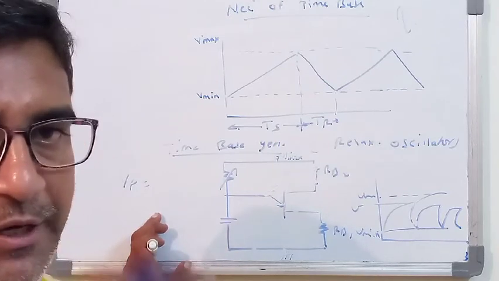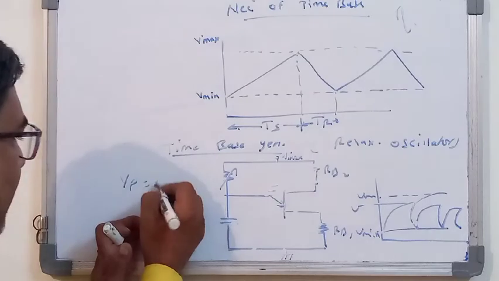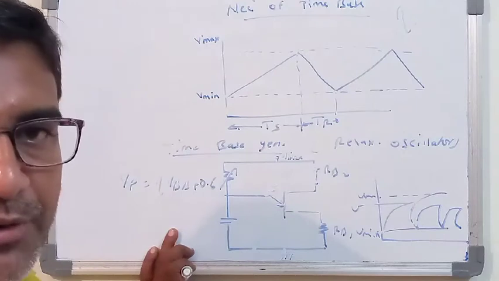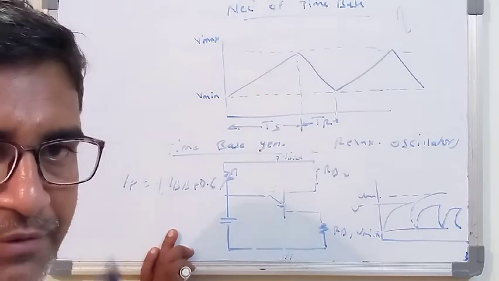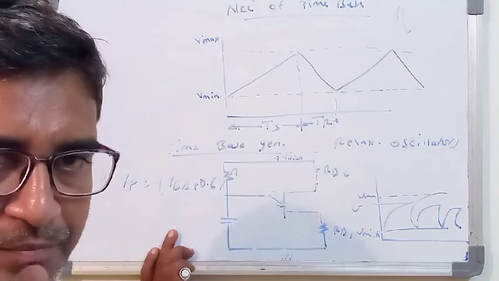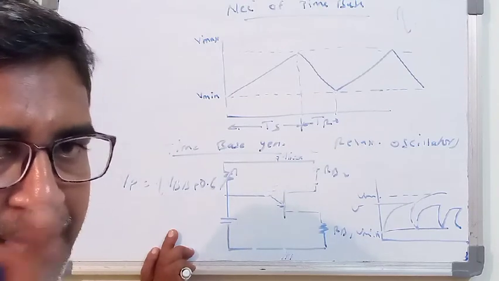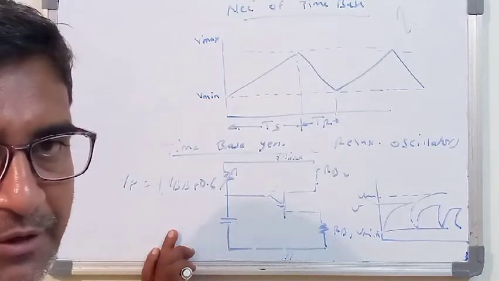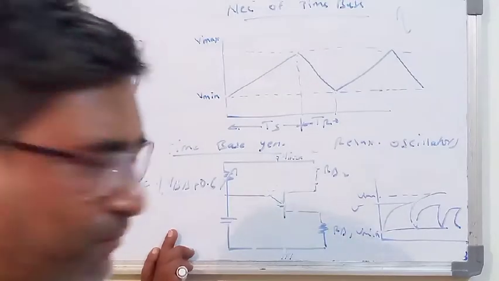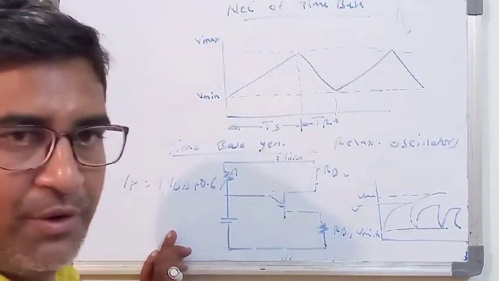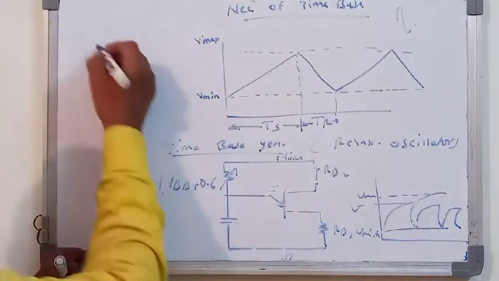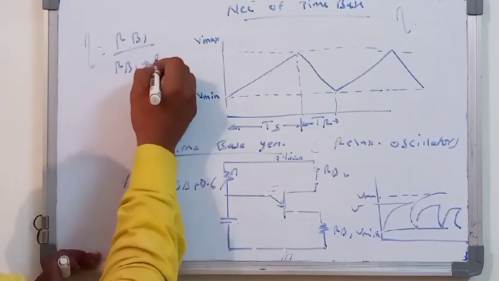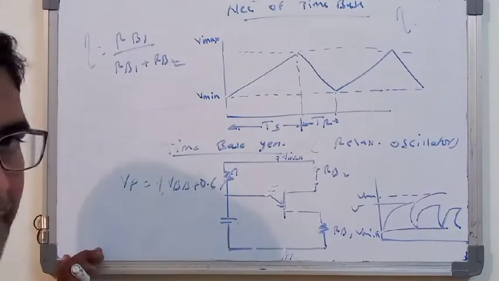In terms of the resistances RB1 and RB2, eta is equal to RB1 divided by RB1 plus RB2.